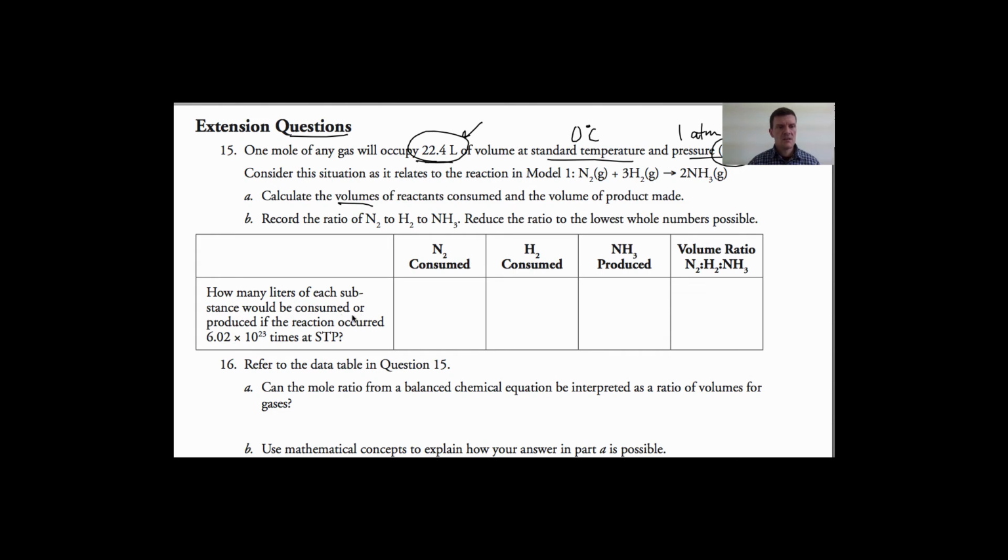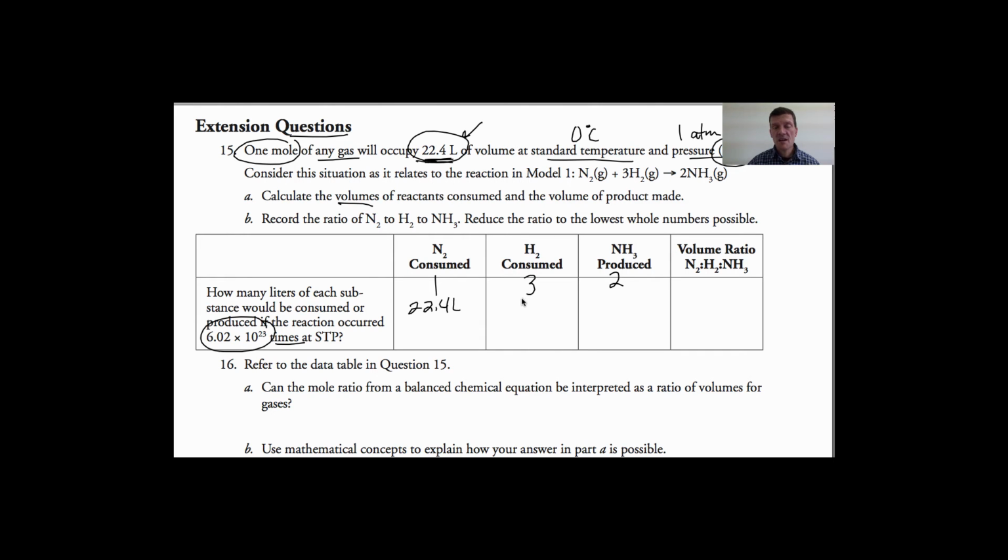Okay? So, how many liters of each substance would be consumed or produced if the reaction occurred a mole number of times? So, if you've got 1 mole of nitrogen reacting with 3 moles of hydrogen, producing 2 moles of ammonia, and if you have a mole of gas and it occupies 22.4 liters, then you would take 1 times 22.4, so this would be 22.4 liters.